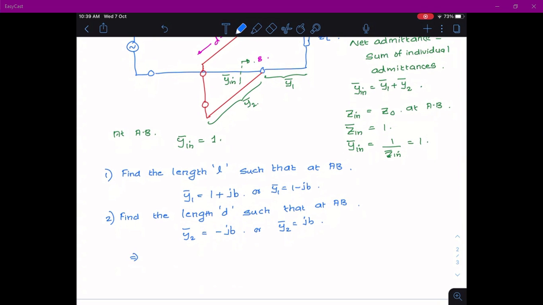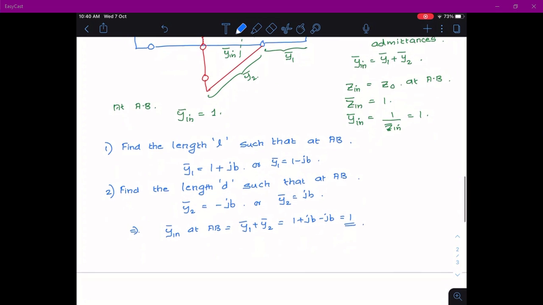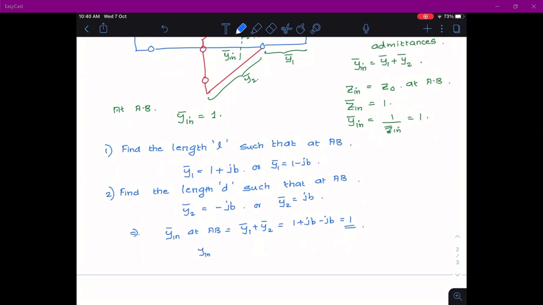So implies the y-in at AB is equal to y1 bar plus y2 bar, that is 1 plus JB minus JB, that is equal to 1. So y in bar is equal to 1 means it is matched, because that was our condition.